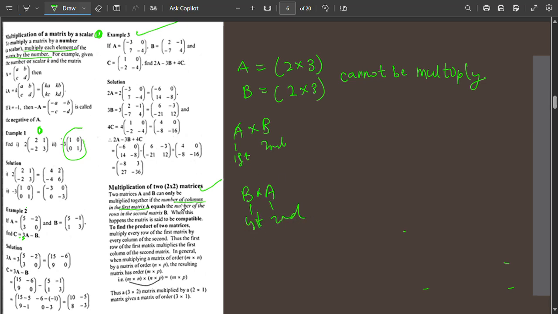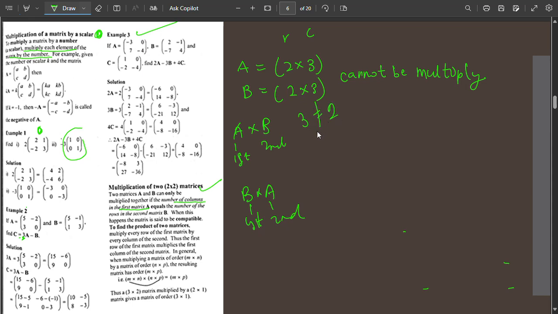Right. The number of columns in the first matrix should be equal to the number of rows in the next matrix. Let's look at it. In the first matrix here, we have 3 in the columns, and how many in the rows? 2.